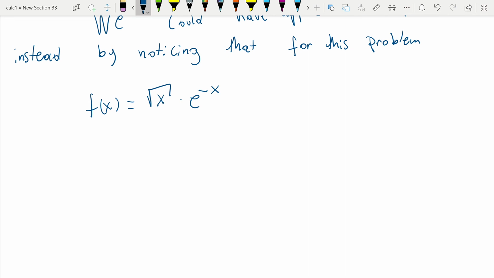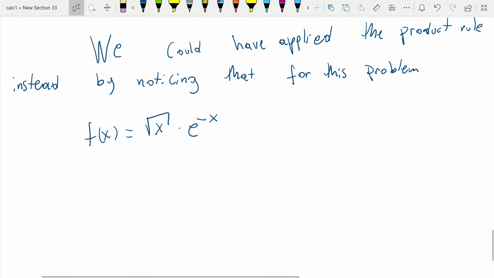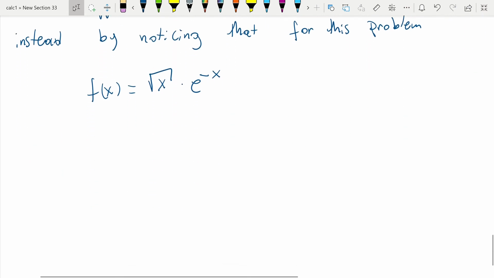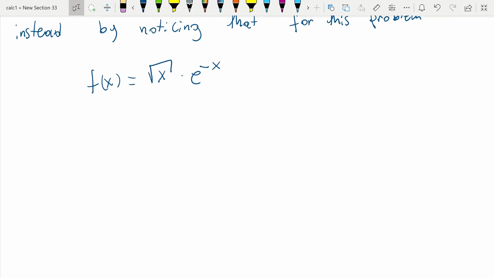Sometimes that's actually easier, as we will see in this case. The only thing that we're missing here, and this is why I didn't start with that, is that we don't know what the derivative of e to the minus x is. This will be trivial once we learn something called the chain rule.